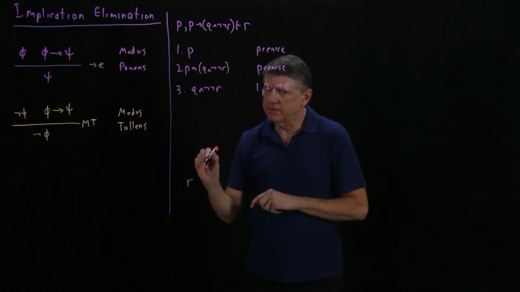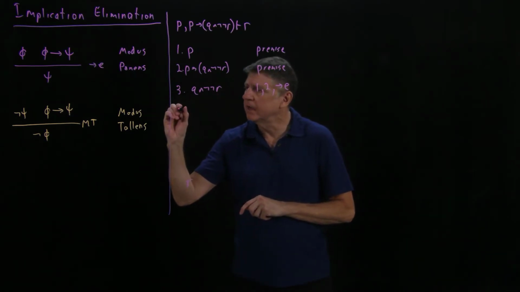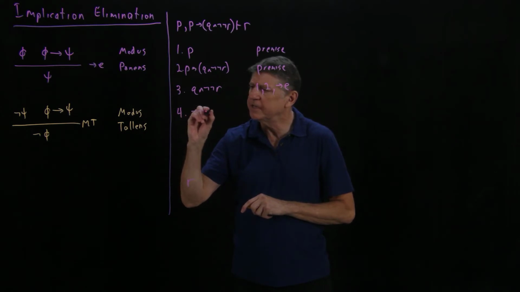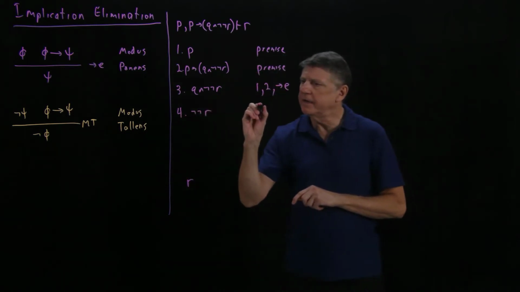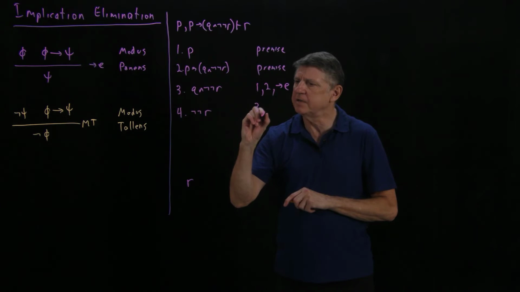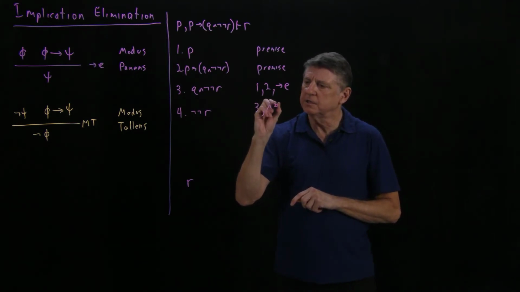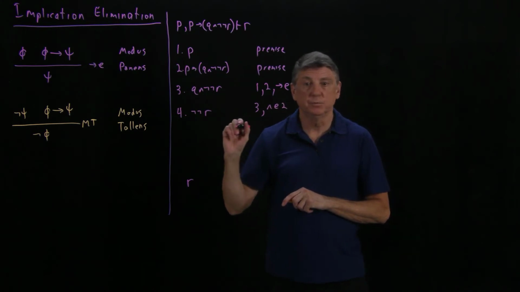So using this combination of forward and backward reasoning, I'll say that I want line 4 to be the double negation of R, and I can arrive at that by using line 3 and conjunction elimination type 2.